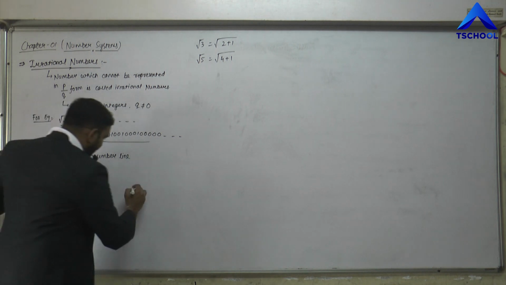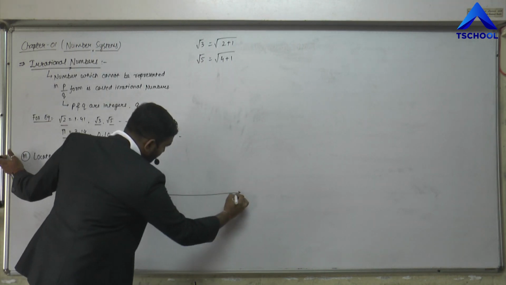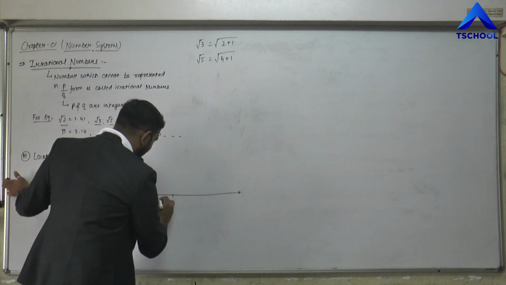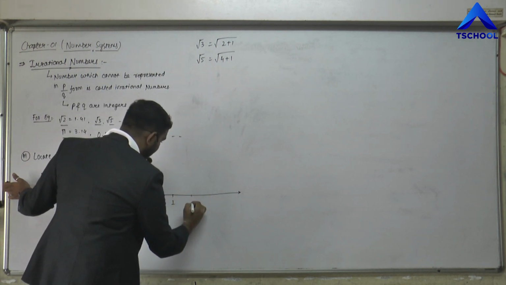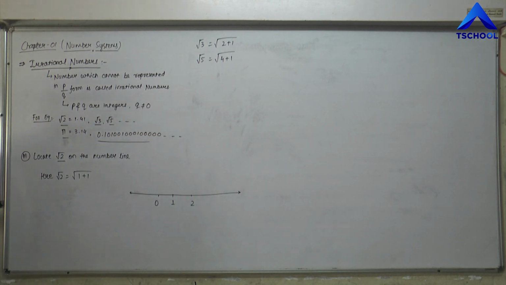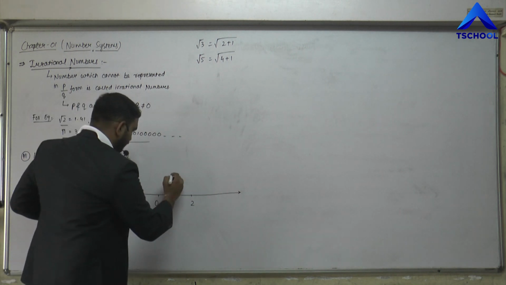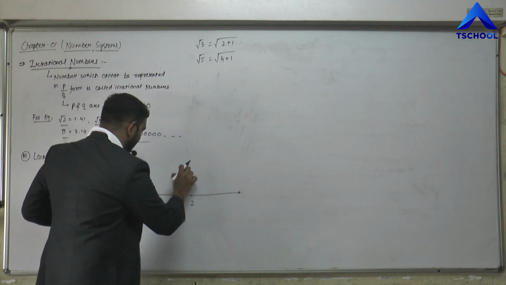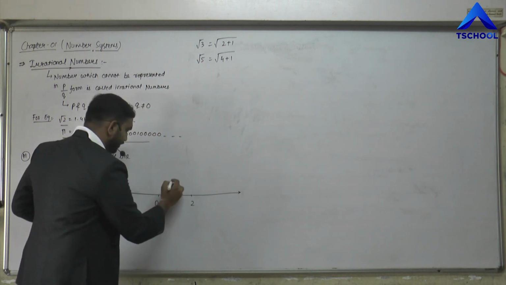So on the number line, first of all, let us mark 1. This will be 0, and this will be 2 here, right? Now on 1, we are going to mark a vertical line of 1 centimeter or 1 unit, whatever unit you take.